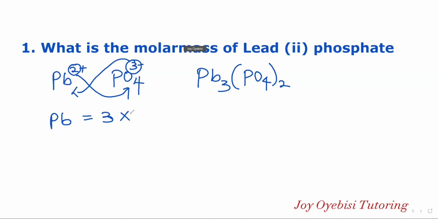So 207.2, then multiply that by 3. That would give us 621.6 grams per mole.